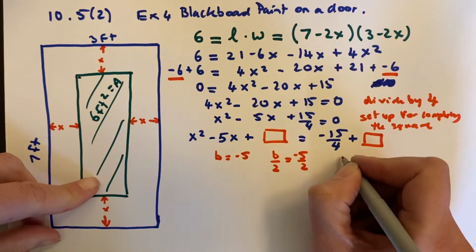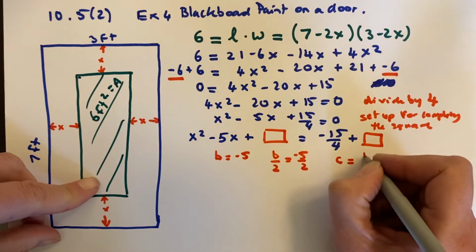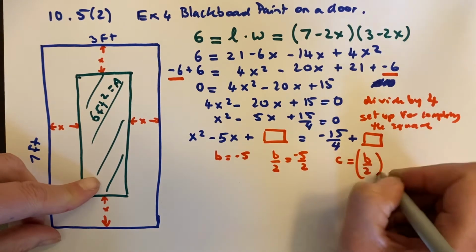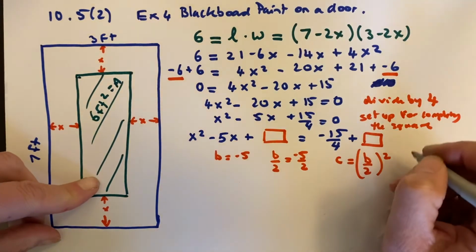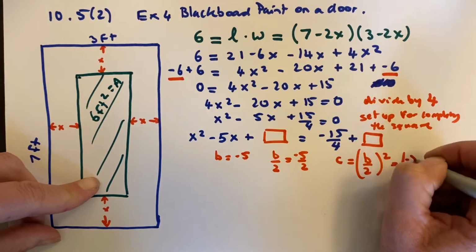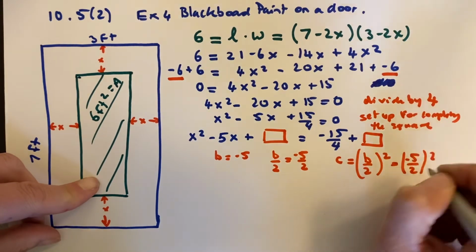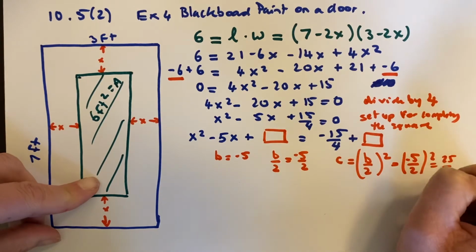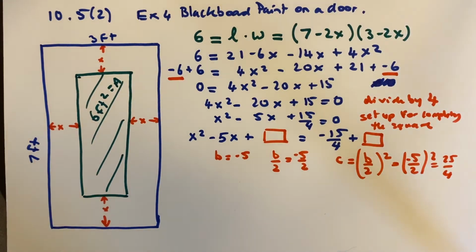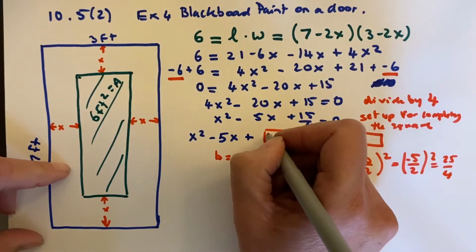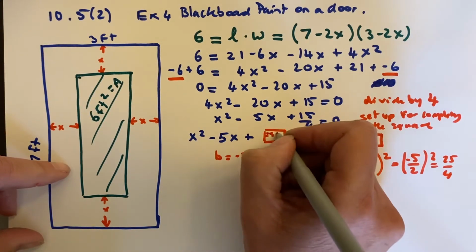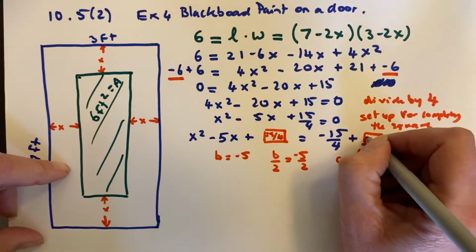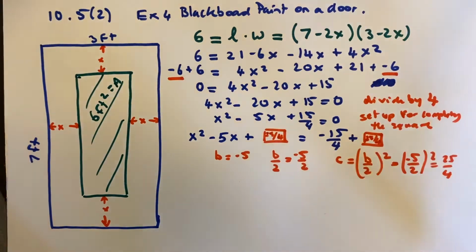Well, I know that c equals b over 2 squared. So c is going to equal negative 5/2 squared, which is going to equal 25/4. So I can now backtrack and add 25/4 here and 25/4 there.